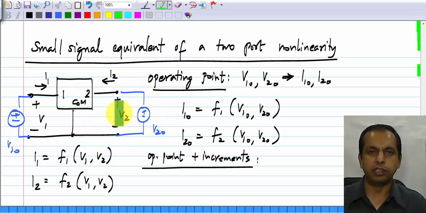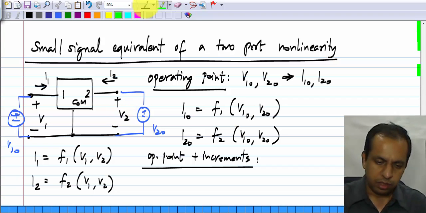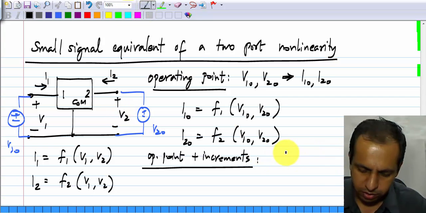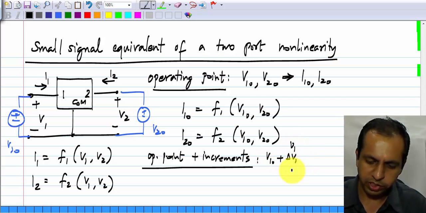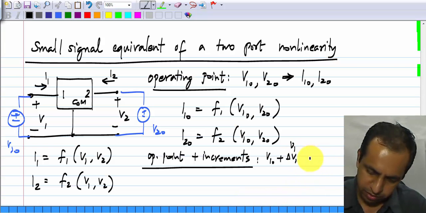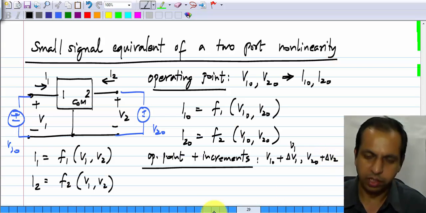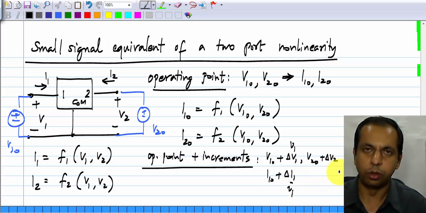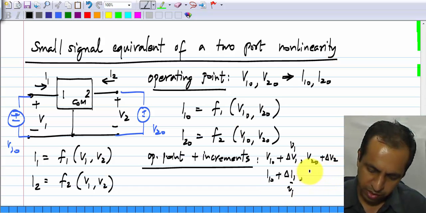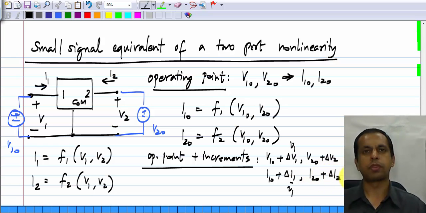Any change in conditions because of whatever reason, you will have a new set of voltages and currents which are V1 0 plus delta V1, or sometimes you use lowercase v1, and V2 0 plus delta V2, and the currents will be I1 0 plus delta I1, and again sometimes you see lowercase i1 used here, and I2 0 plus delta I2.